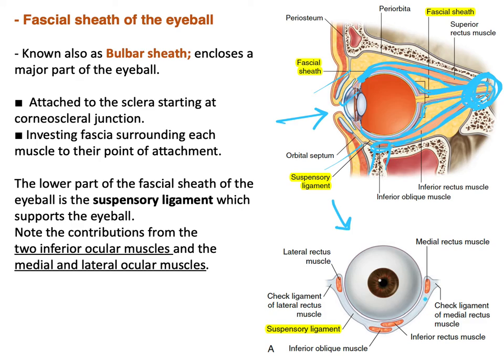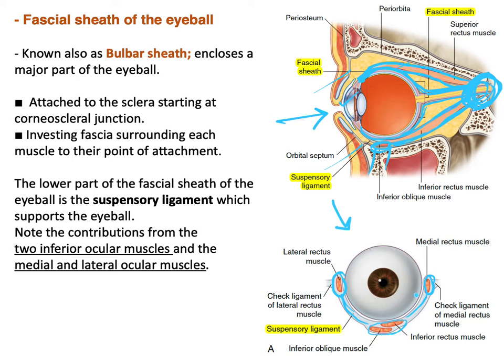Once it reaches there, it also thickens to form a ligament that suspends the eye away from the floor, called the suspensory ligament. Also, it engulfs the inferior muscles of the eye here, and also engulfs, as you know, the medial rectus here and lateral rectus muscle here, because it engulfs all muscles there.